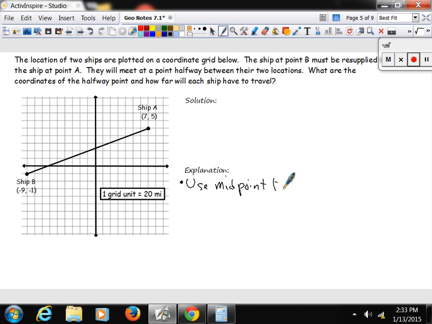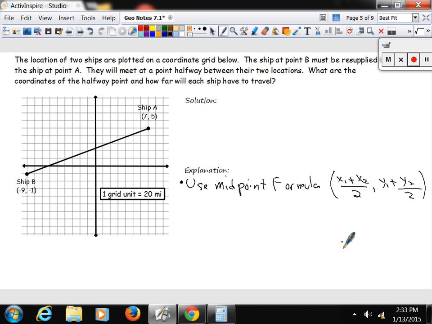And you're going to want to make sure you have this down because there's 6 problems on tonight that you're going to need this easy little formula. x1 plus x2 over 2, y1 plus y2 over 2. You're adding the 2 x's and dividing by 2. You're adding the 2 y's and dividing by 2. So that would be our midpoint formula.